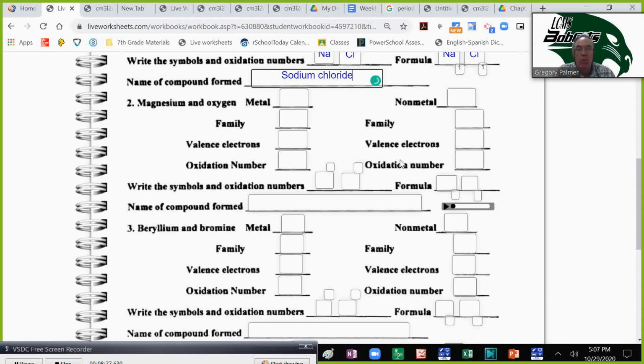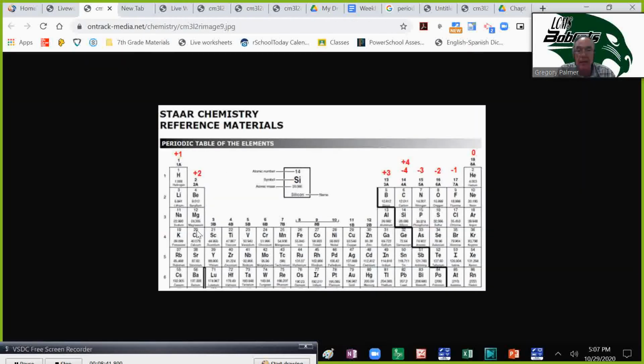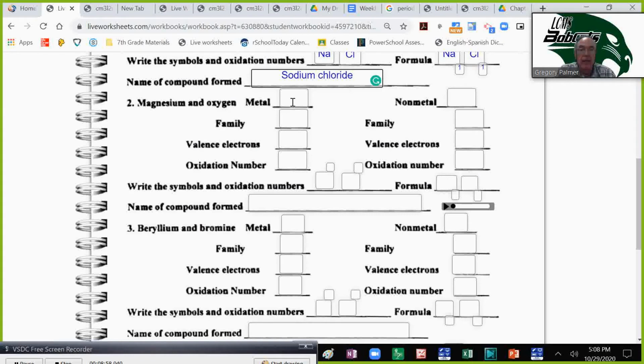Now, for the second one, we're doing magnesium and oxygen. So we're going to look at the periodic table. Magnesium is right here. It's in family 2, has 2 valence electrons, has an oxidation number 2 plus. We go over here, there's oxygen. In family 6, has an oxidation number 2 negative. We're going to come over here, symbol is magnesium. It's in family 2, has 2 valence electrons.